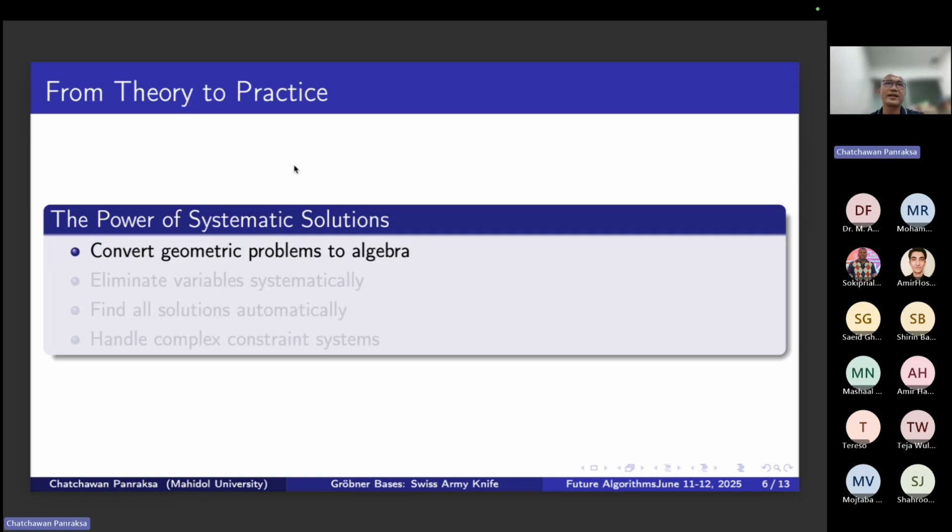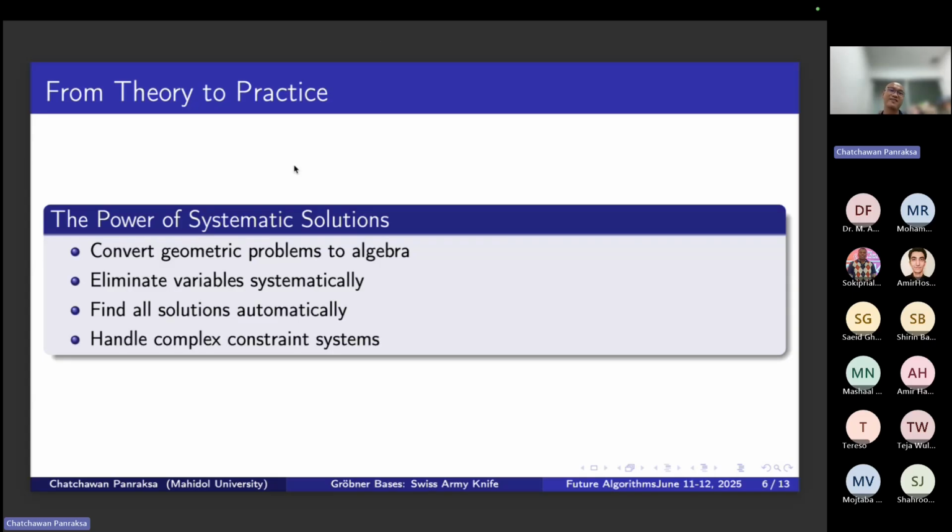So this is where the power of systematic solution really shows. Gröbner bases let us convert geometric problems to algebra and eliminate variables systematically, just like Gaussian elimination. They find all solutions automatically and handle complex constraint systems that would be nearly impossible to solve by hand.